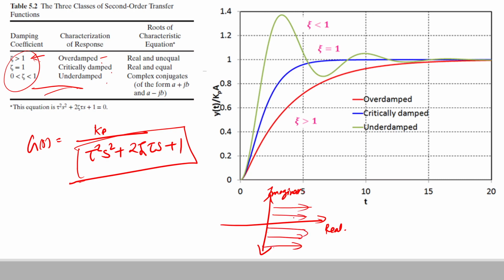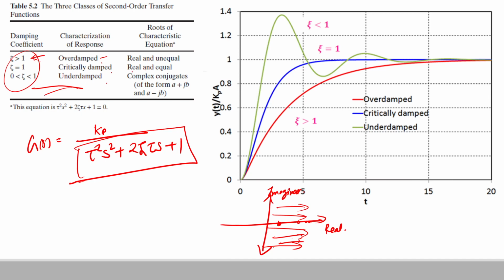And by unequal, I mean they won't be the same, the magnitude can change. Since they are only real, they will be lying on this axis.